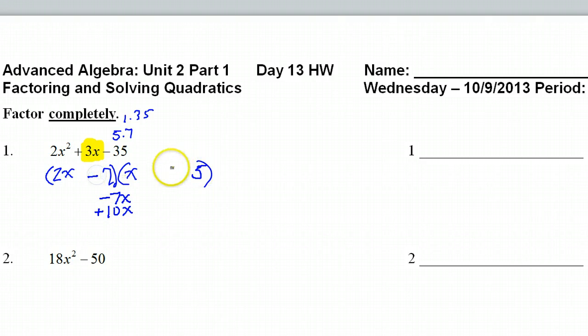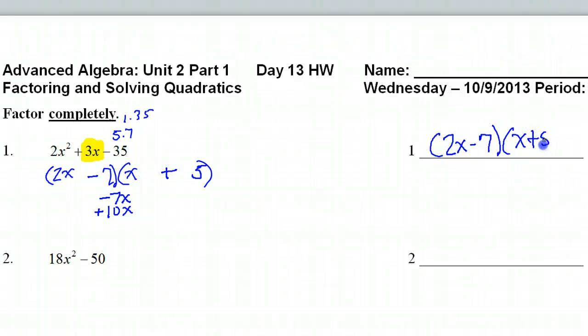There's my negative 7, and this will give me the positive 10. Also, a negative times a positive is a negative, so this is it. So that's why your answer is 2x minus 7 times x plus 5.